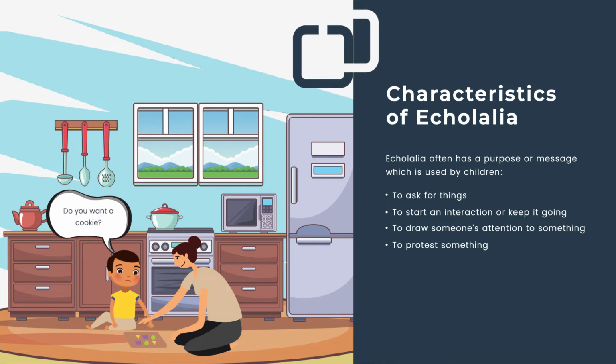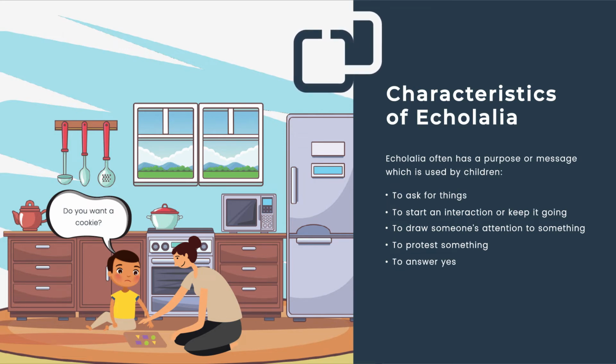Then to protest something, like, I don't want your pants, or I don't want to wear those pants. He keeps on saying that. That means he doesn't want to wear the pants. He is giving that pronoun reversal, like you for I. This happens when the mother is asking him to wear another pant or change his pants.